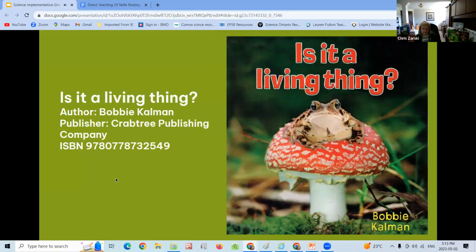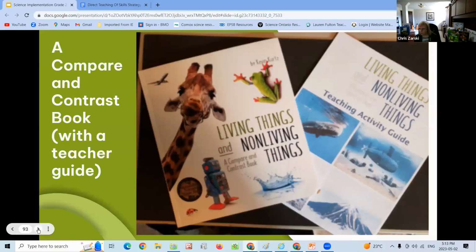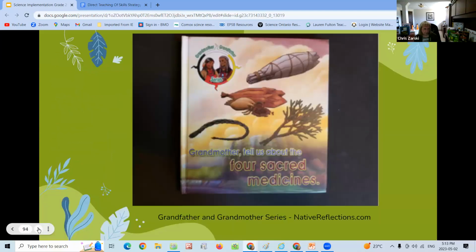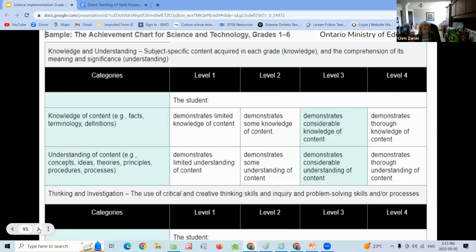And these are the books that we have found so far that have been really good for what we're working on right now. This Living and Non-Living Things works well all the way up to grade 3, and it's called a compare and contrast book. It has a teacher's guide that goes with it as well. In addition, in your folders, you will find a rubric for scoring if you want to do a common assessment.